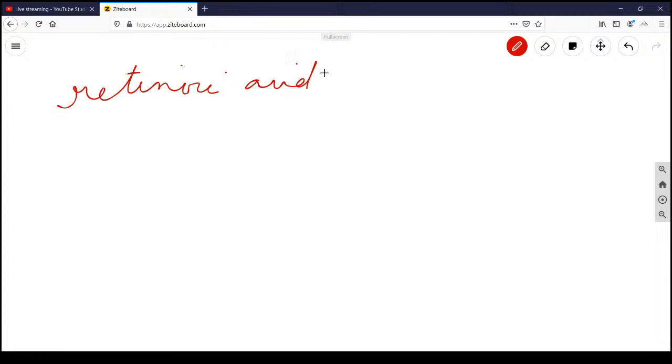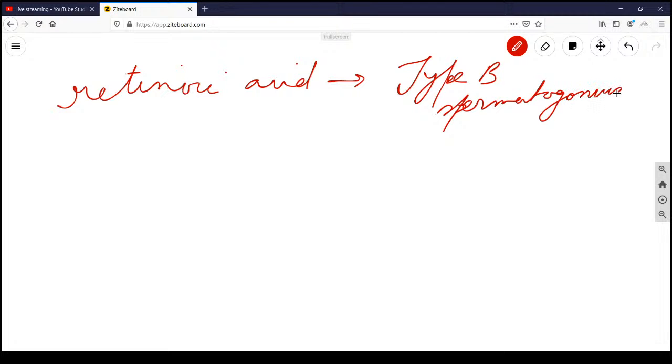Upon the stimulation of retinoic acid, this type B spermatogonium leaves the mitosis stage and enters meiosis, that is the spermatogenesis stage.